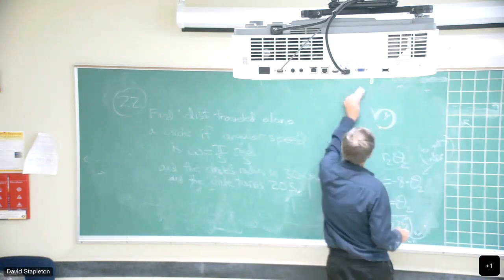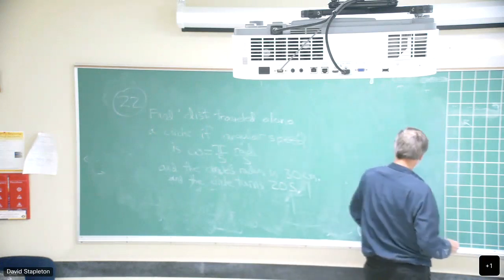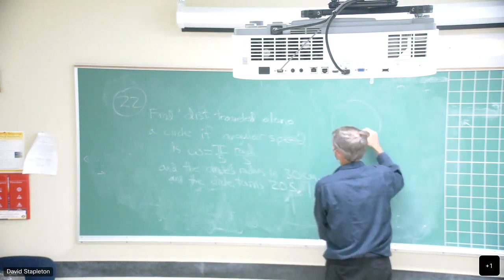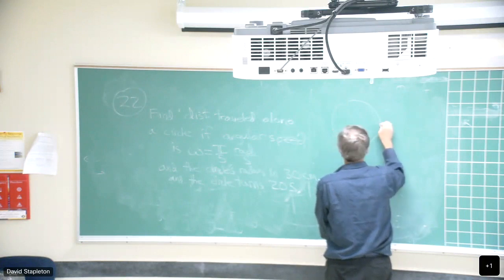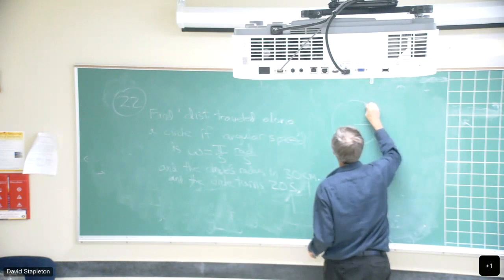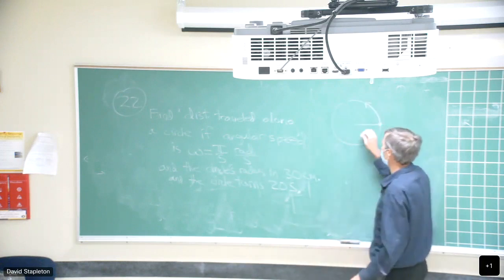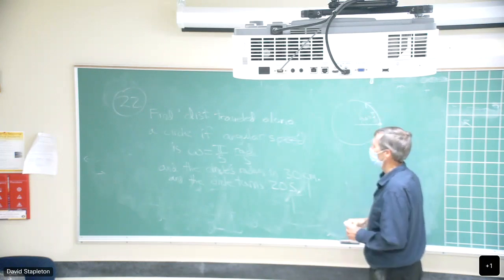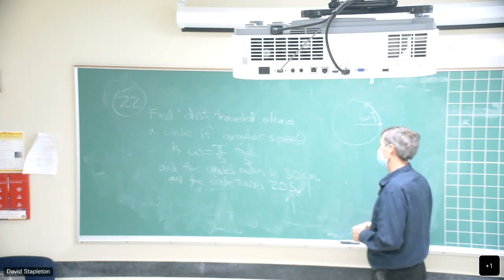I think the hardest part almost is just setting this up. Again, since it's an applied problem, we'll draw a circle and draw a picture. The point starts here just to be convenient, and it travels around and around. The angular velocity it's turning at is pi over 5 radians per second.